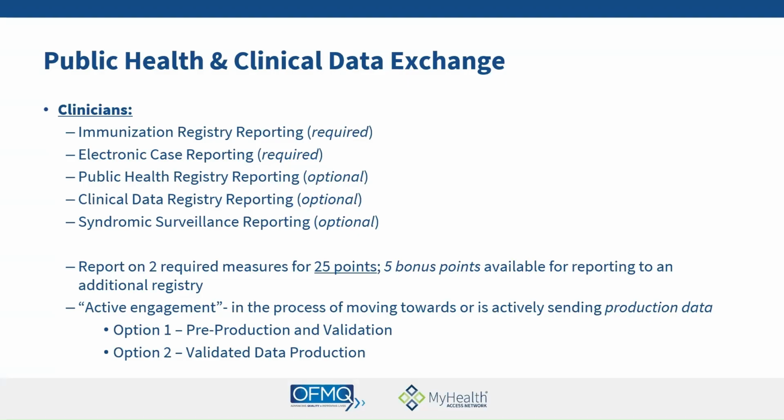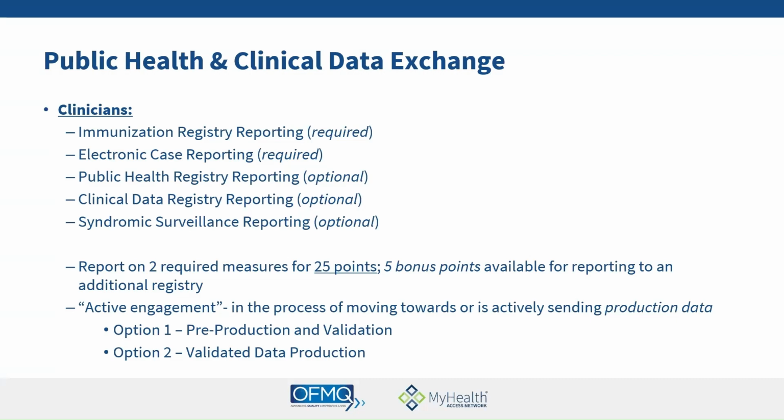To go along with this, there's a couple of different ways that you can be engaged in reporting this data. They say that you need to be actively engaged with a registry to get credit. There's 2 different options of that engagement. Option 1 is that pre-production and validation.